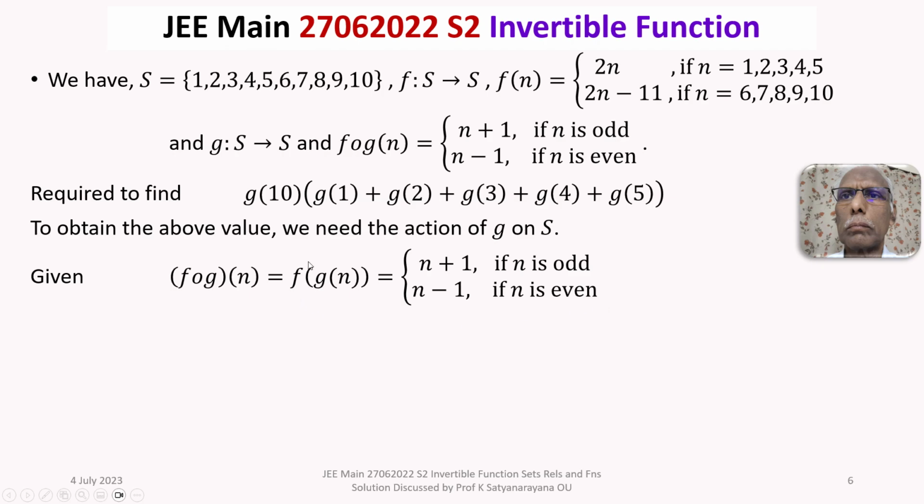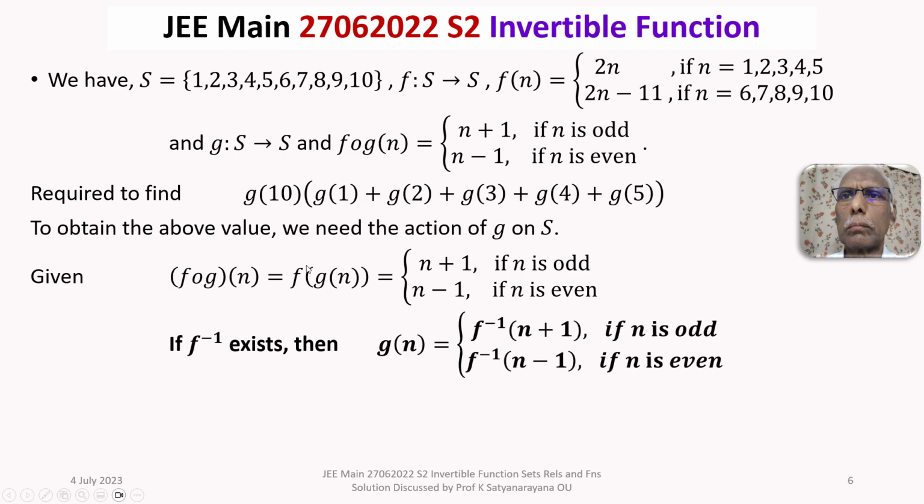Now, if f is invertible, that means if f inverse exists, then g of n will be f inverse of n plus 1 when n is odd, and f inverse of n minus 1 when n is even.